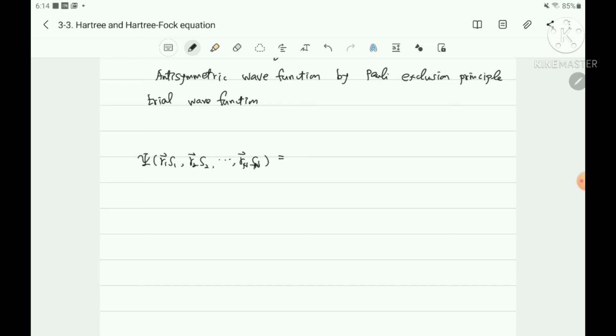We call it a Slater determinant. Capital psi is the total wave function, and small psi is the single electron wave function. Psi 1 of R1, S1, psi 1 of R2, S2, up to psi 1 of Rn, Sn.